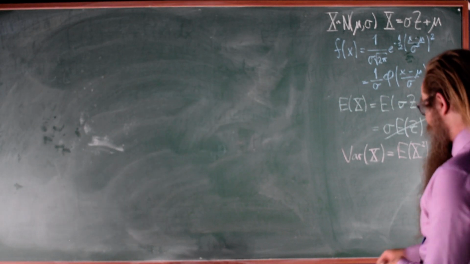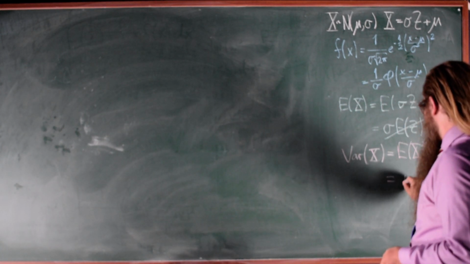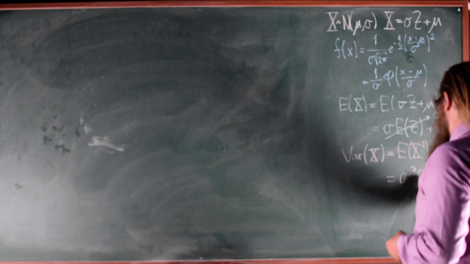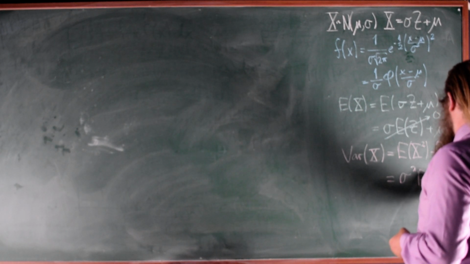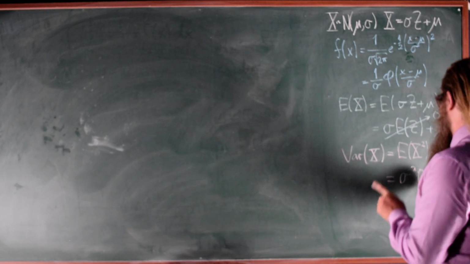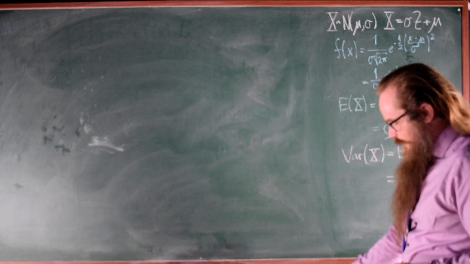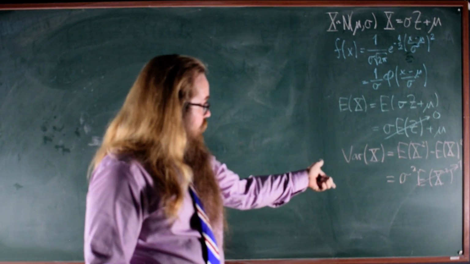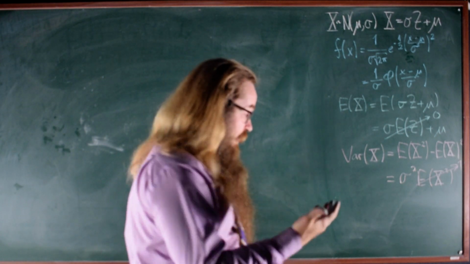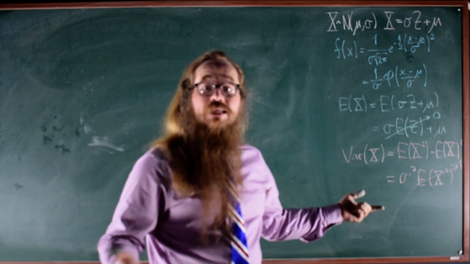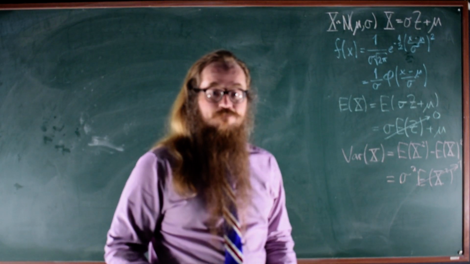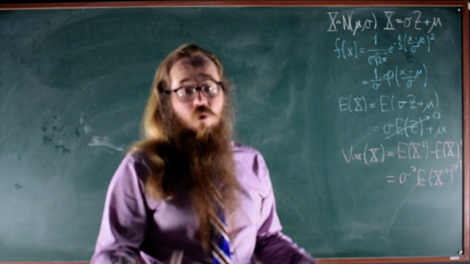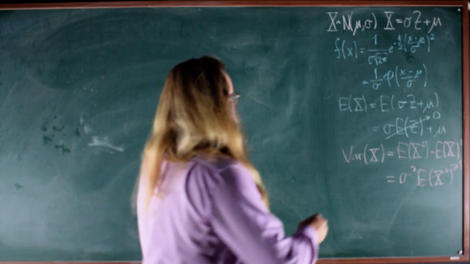In this case, what it's going to give us is sigma squared times the expected value of Z squared, but it ends up canceling to 1. So the variance is sigma squared, the standard deviation squared. And when I want to find the standard deviation, I take the variance and take the square root, and I get the correct value. So this construction that I've made actually has the correct attributes that I want my normal distribution to have. So that's good news.